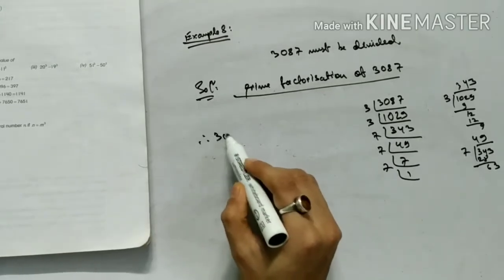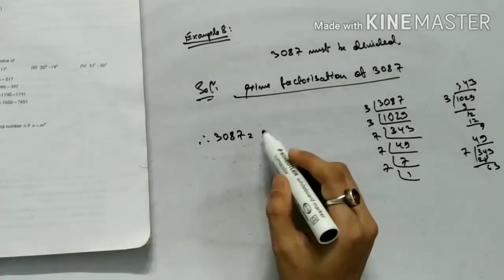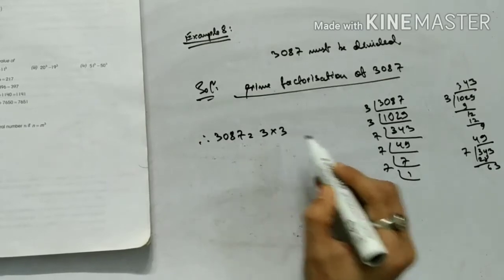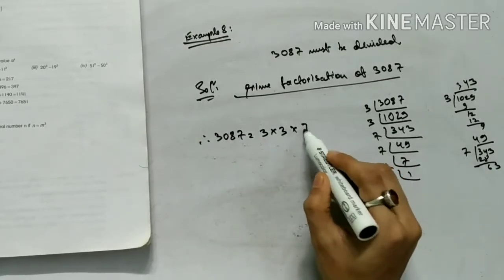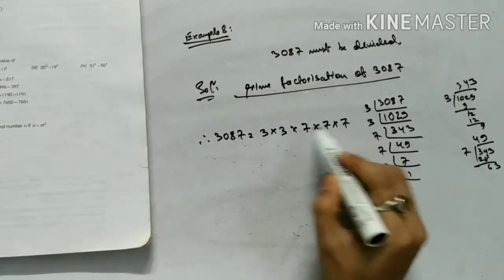So 3087 equals 3 into 3 into 7 into 7 into 7.